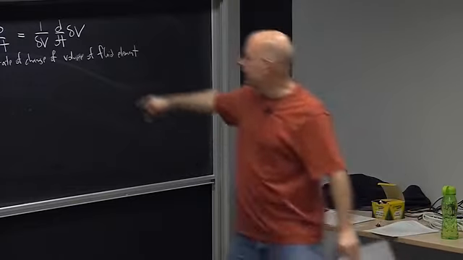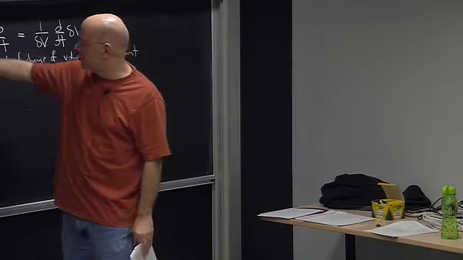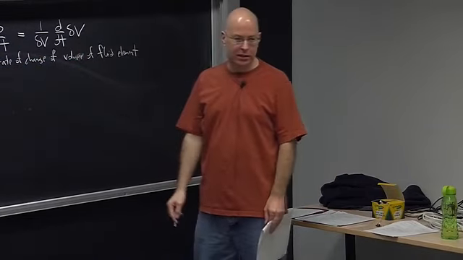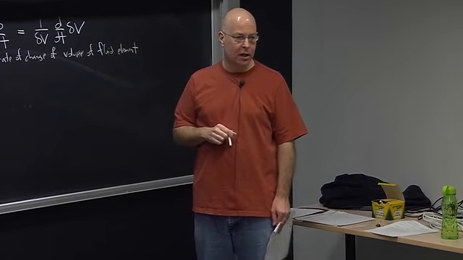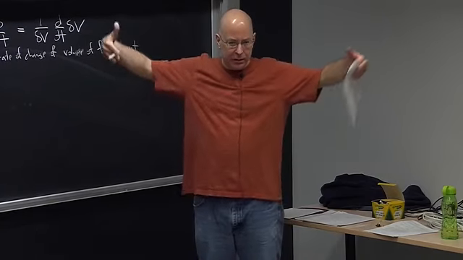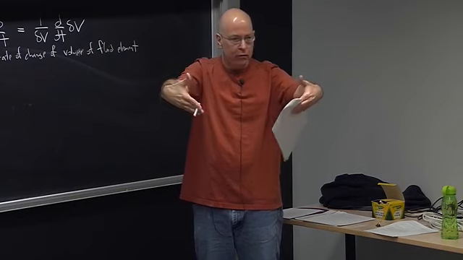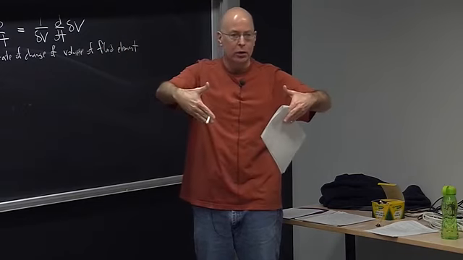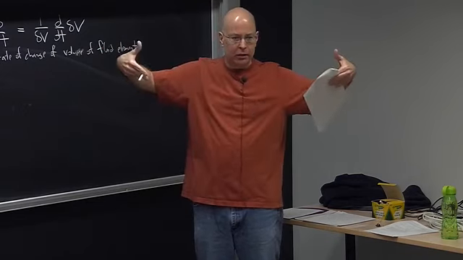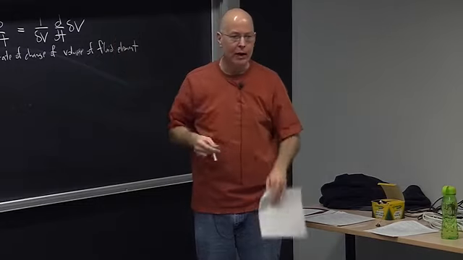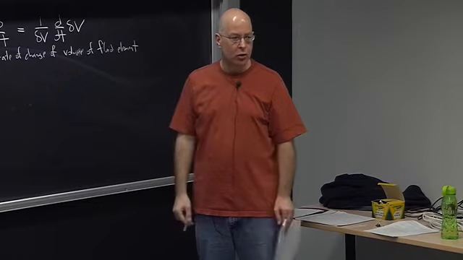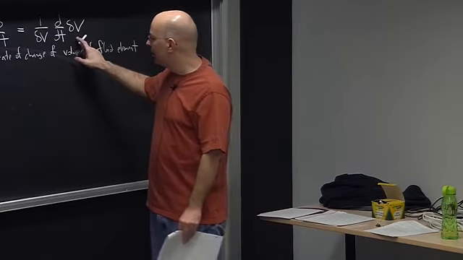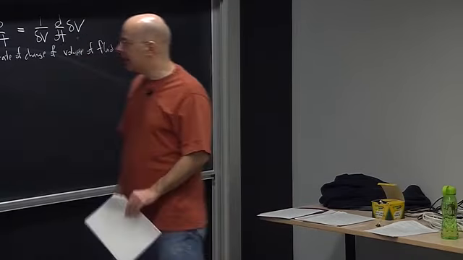For a positive divergence, we get a positive rate of increase of volume for each fluid element. If the divergence is negative, that means that the fluid is converging on itself, right? The velocity field is directed inward, and that means that the fluid is contracting in space, and each fluid element would be contracting as well, and this would be negative when this is negative.